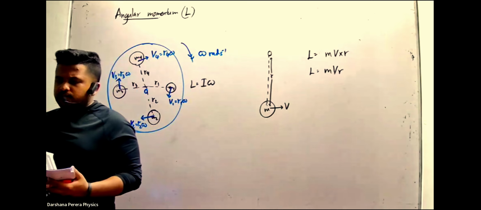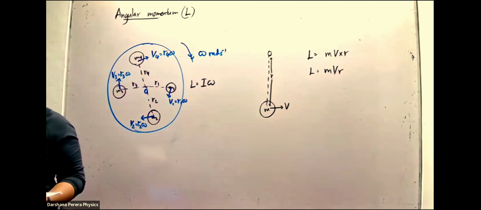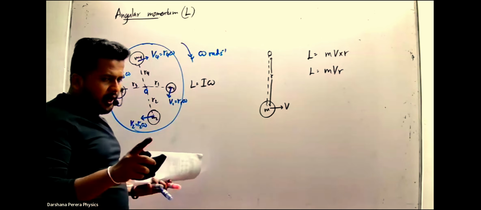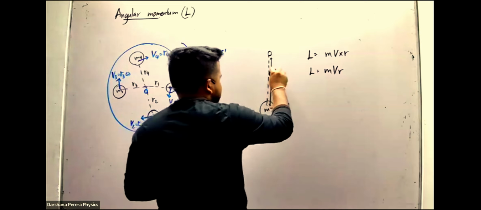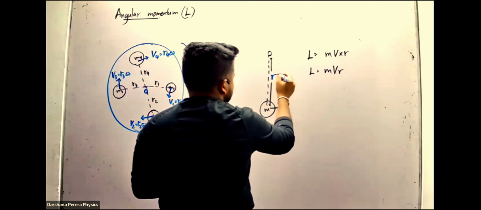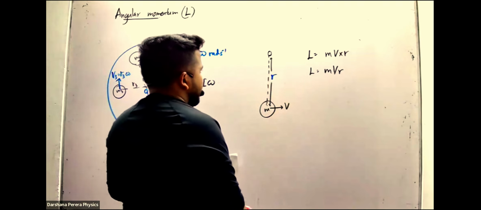Write down: when an object has a velocity v and is at a distance r from the axis, we can simply say L equals mvr.